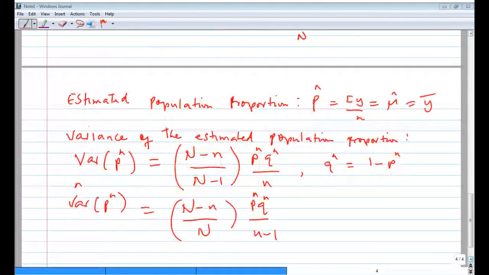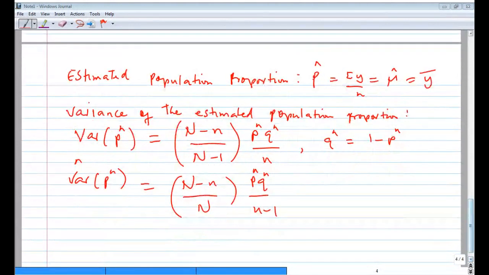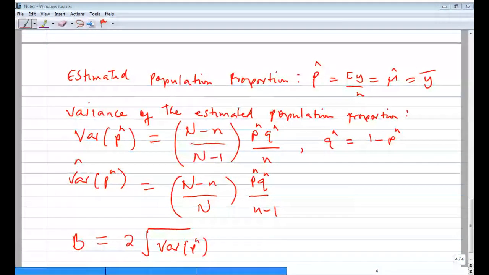So now, what is the bound on the error of estimation for the estimated population proportion? So how do you find the bound on the error of estimation? You have to use B equal to 2 times the square root of the var of P hat.